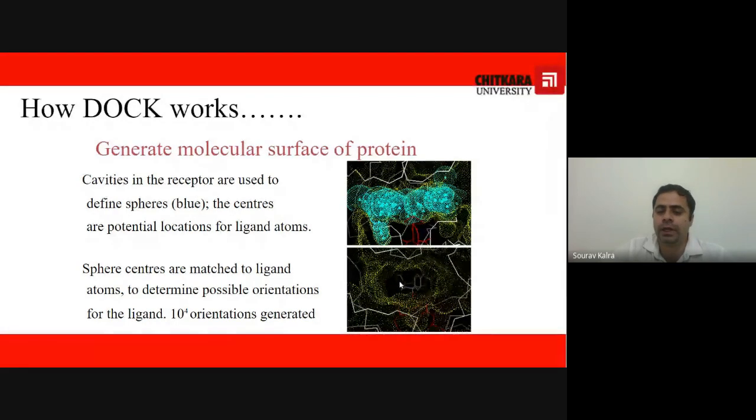When we put the ligand in that cavity, it generates around 10 to the power 4 orientations of the ligand, and the software gives around 10 best conformations or orientations for binding in this cavity.